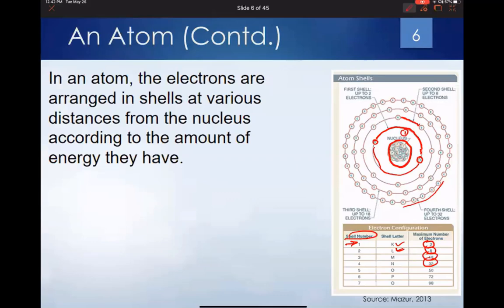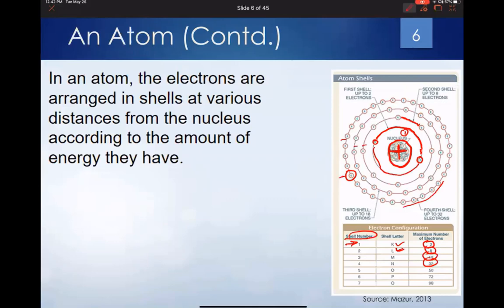If I look at this electron right here, which is pretty far away from the nucleus, remember the nucleus contains protons and neutrons. Protons are positively charged, and each electron carries a negative charge. They are loosely bonded.